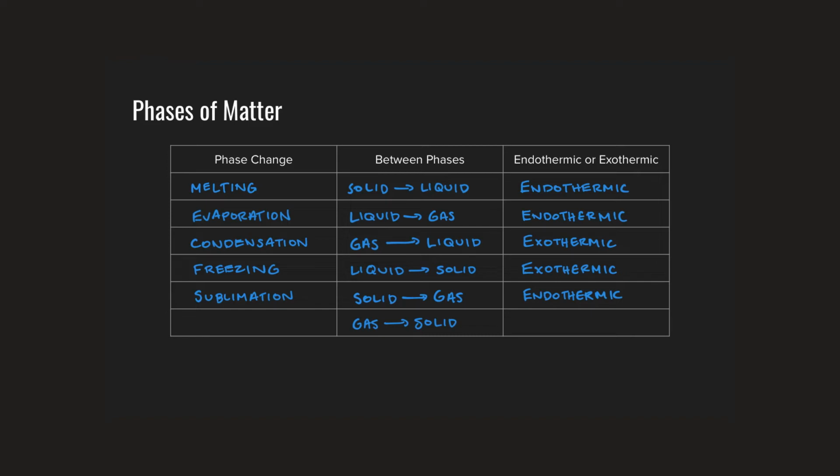That process we call deposition. So again, going from gas phase to solid phase, the opposite of sublimation is deposition. And because it's the opposite process, it must also have the opposite change in energy, meaning deposition is an exothermic process. So those are the familiar phase changes. Let's have a look at those now in the context of a phase diagram.